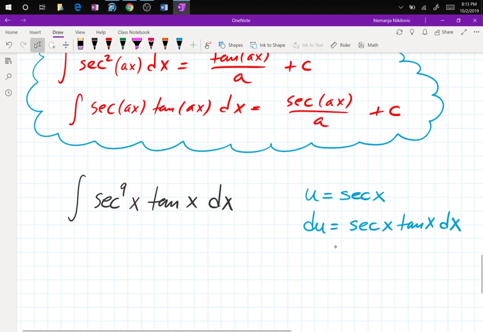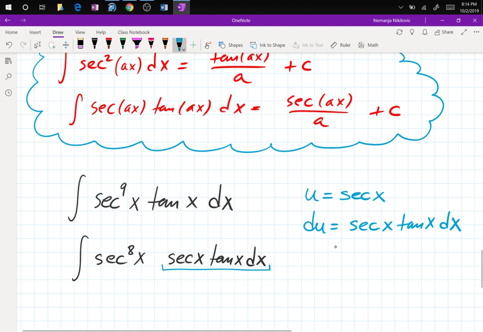So you see that you can steal one secant and push it with the tangent and the dx for the du. That's the game you have to play. So you are going to put 8 secants on a pile, and have secant x tangent x dx in the bank for du.